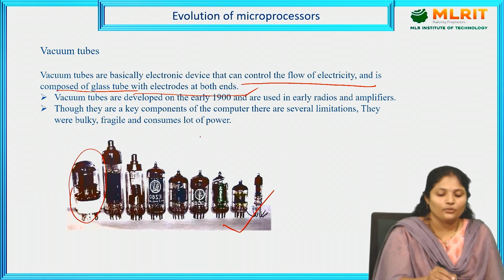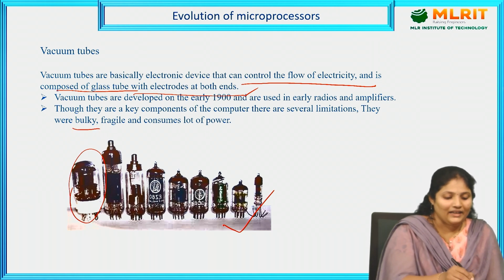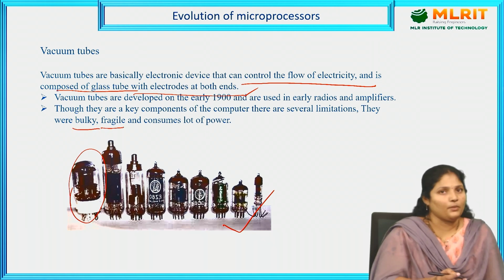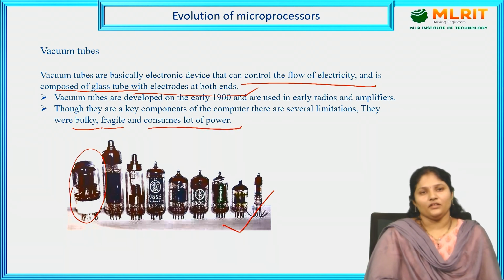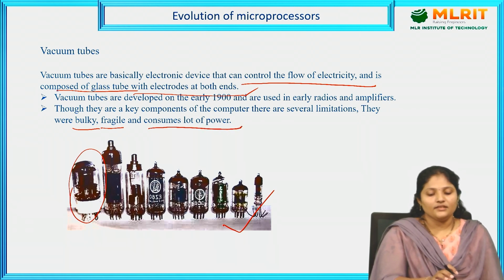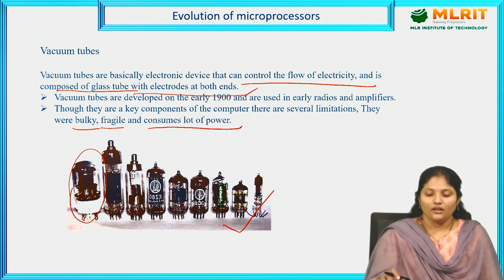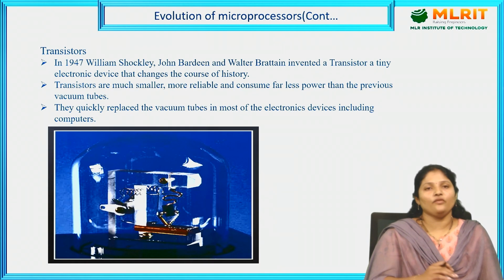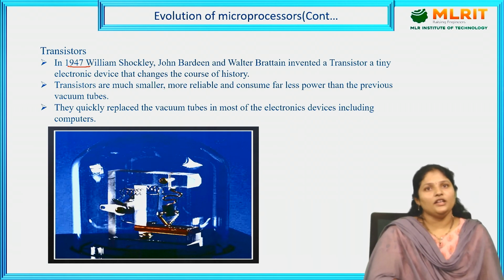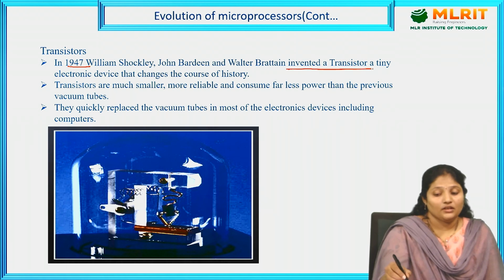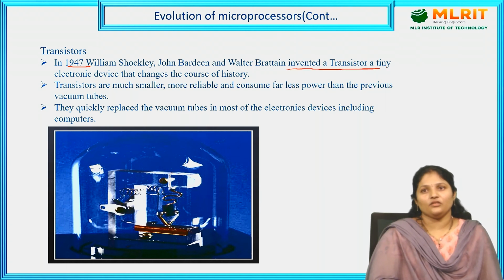They were very heavy, bulky, and fragile, and they consumed a lot of power. To avoid these limitations, after years of experiments, in 1947, William Shockley, John Bardeen, and Walter Brattain invented the transistor, which is still used today in microprocessors.